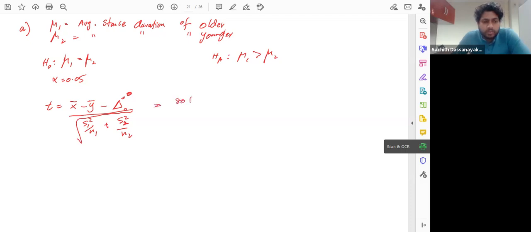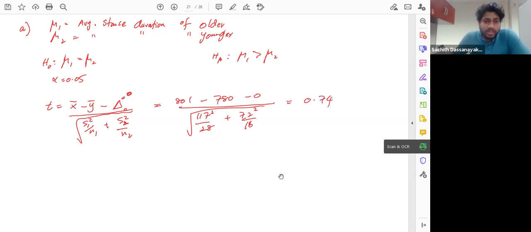Let's simplify this: 801 minus 780, and delta naught is 0. Then 117 squared over 28, plus the other term over 16, I'm just plugging in the values. Once you solve this, you will get 0.74.